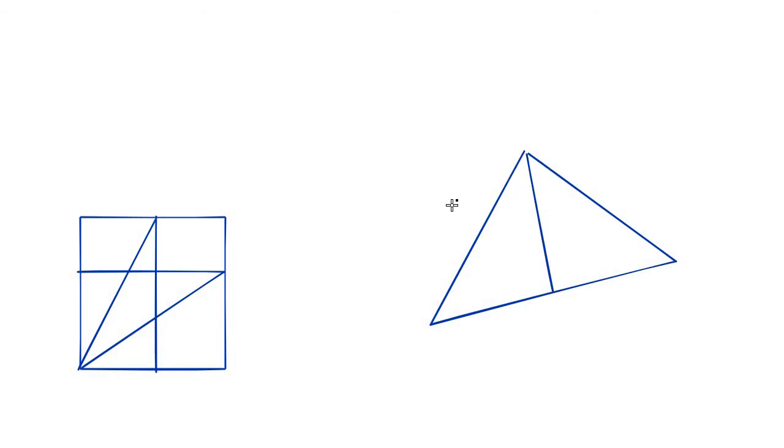So these two angles are equal. And this length is A, this length is B, this length is X, and this length is Y. And what the theorem states is that A over B equals X over Y.